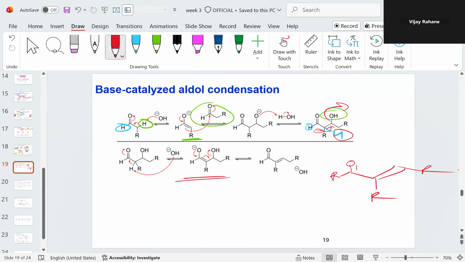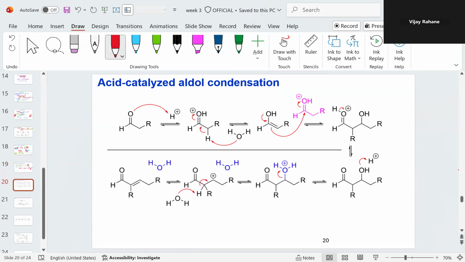Okay, here the mechanism is given. So this is the aldol condensation reaction. And in acid catalyzed, something similar occurs. What happens? In acid catalyzed, the acid protonates the carbonyl center, and now from the water, this reaction only works in an aqueous solvent. So water abstracts this proton now, because this carbon center becomes more electropositive, because this OH is now protonated.